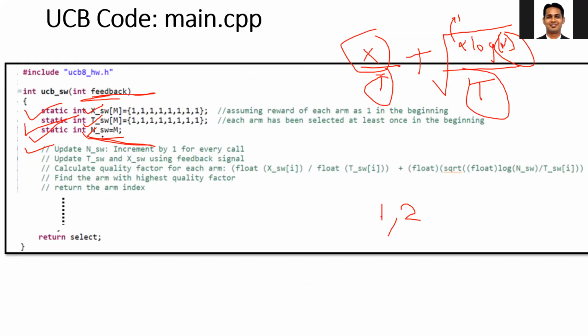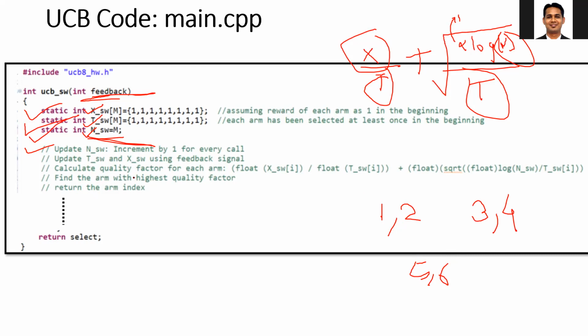So what you will do is TSW of 0 is equal to TSW of 0 plus 1. If the feedback is 3 or 4, then you know that the second arm is selected. If the feedback is 5 or 6, you know that the third arm is selected, and so on. So based upon the feedback range, you will update the TSW.